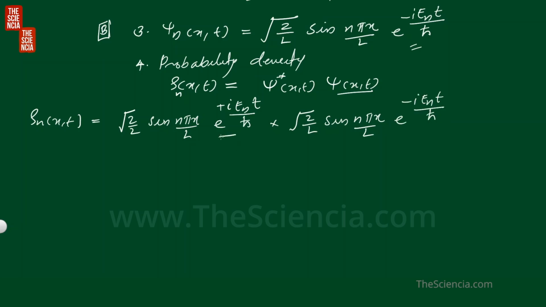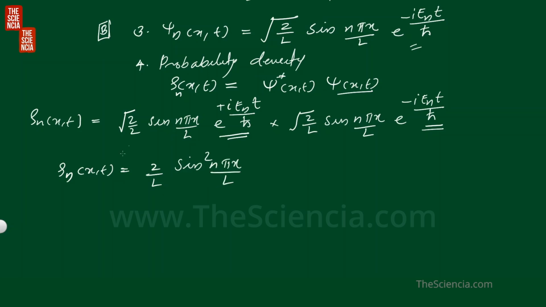When we multiply these two terms, the exponential part gives 1. So rho n of x, t is equal to 2 by L sine squared n π x by L.